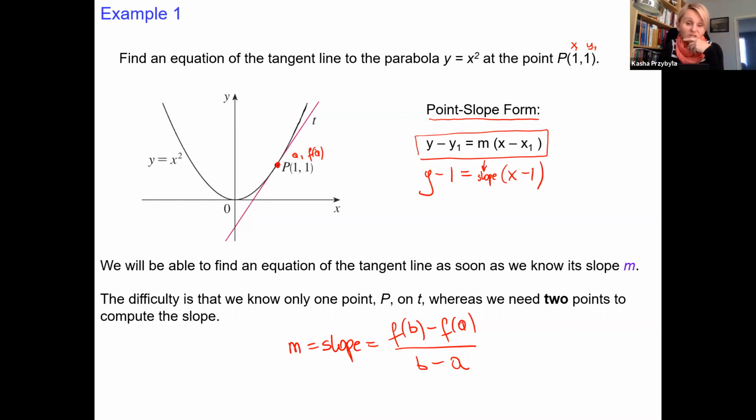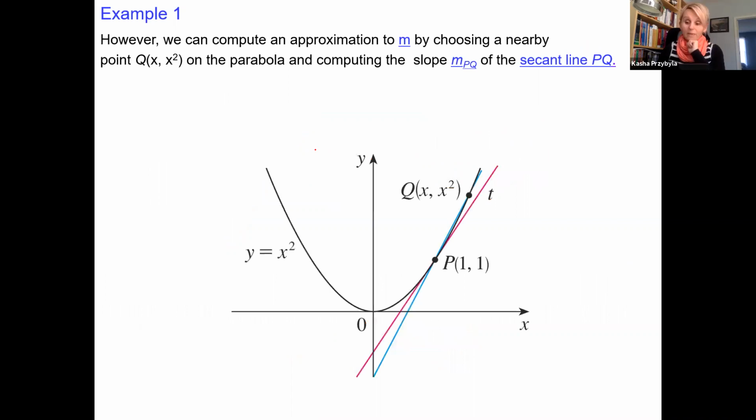I would say that's one of the ways. I have the parabola, I still have my point 1, 1, and the pink line, I'm looking for the slope of the pink line. But I did pick another point, x, and the corresponding value will be x squared because that's the function.